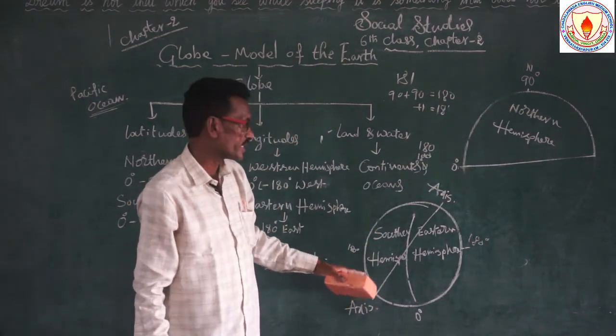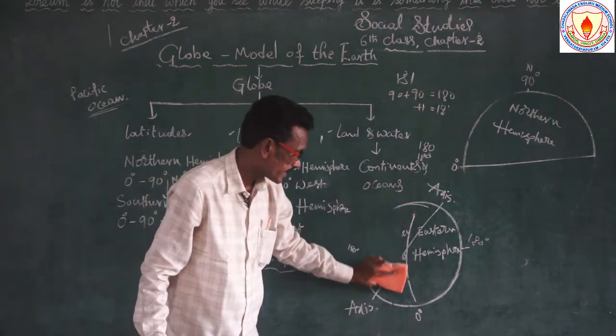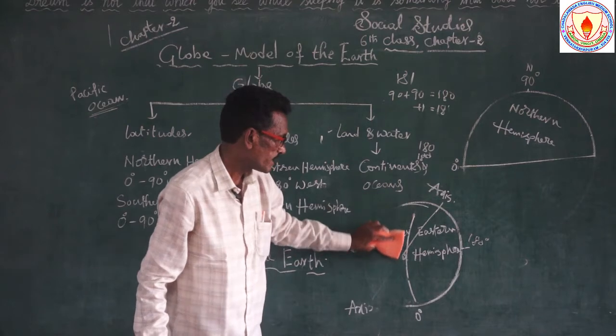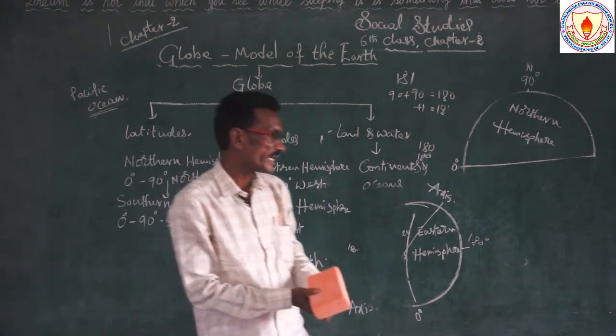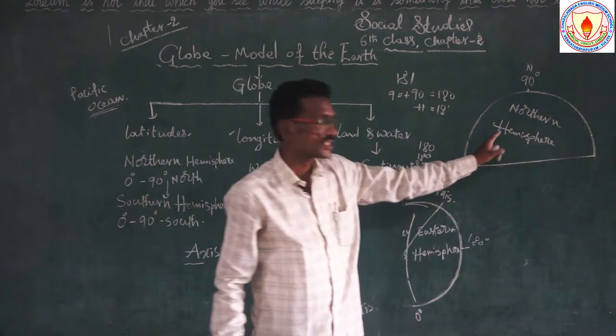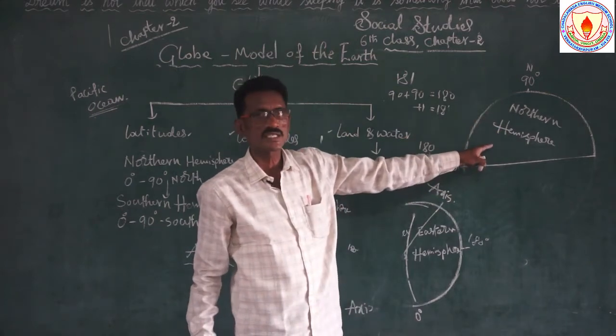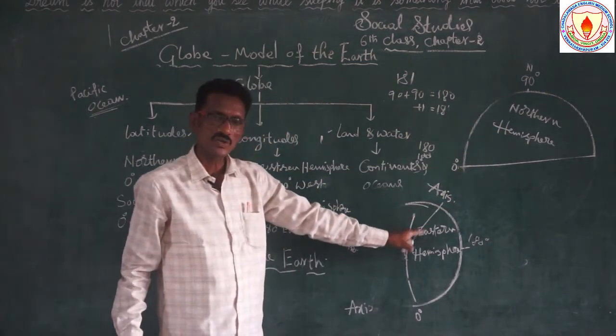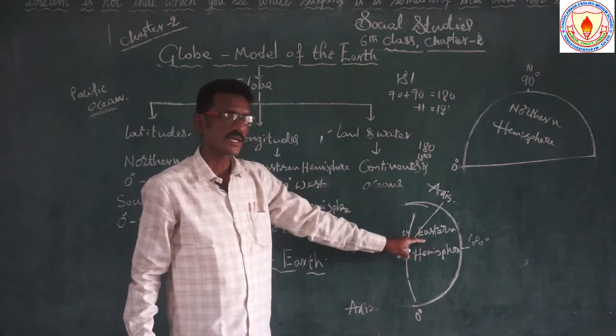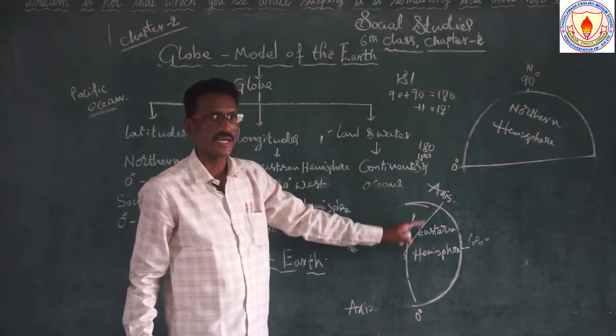And where is the eastern hemisphere? See here, this is the eastern hemisphere. Take this example and find out which continents, oceans and countries are located here.